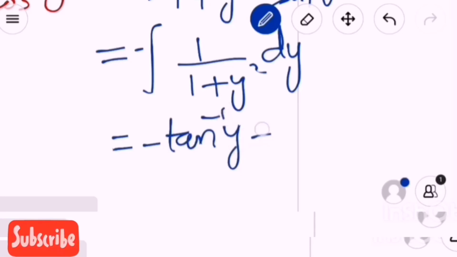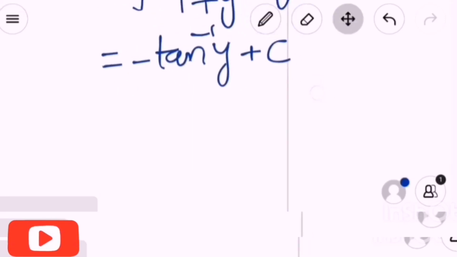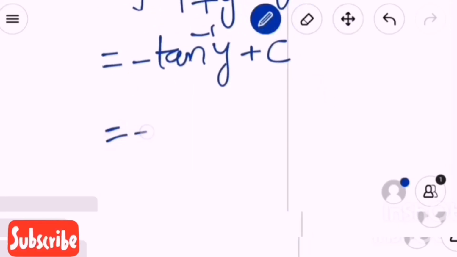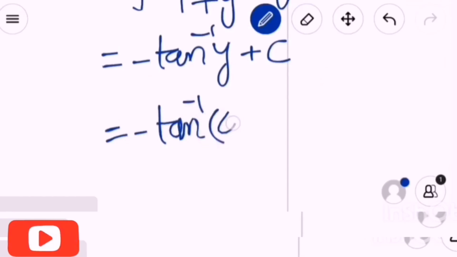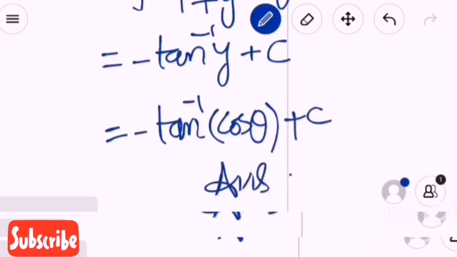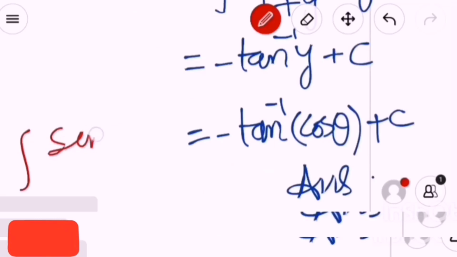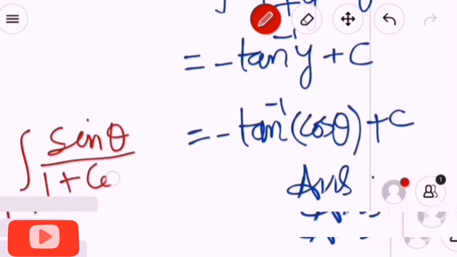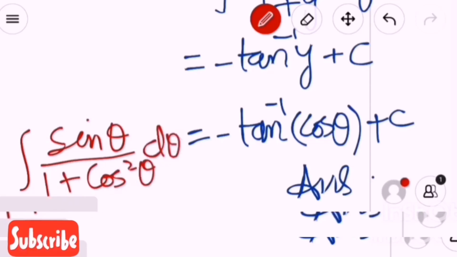Tan inverse of y plus c we write, and we bring back y, so it becomes tan inverse of y, where y is cos theta, plus c. This becomes the answer. So this is the answer of this integration, sin theta by 1 plus cos square theta d theta.